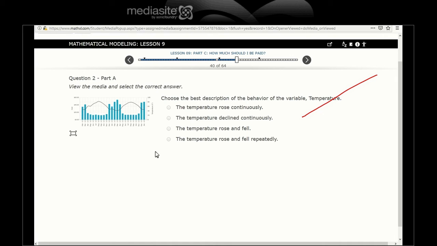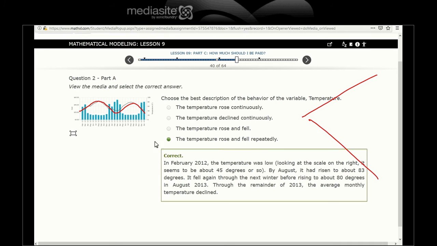The temperature declined continuously. Nope. The temperature rose and fell repeatedly. So it rose and it fell, and then it rose and it fell. Yeah, it's got to be this one. This is the more accurate one.